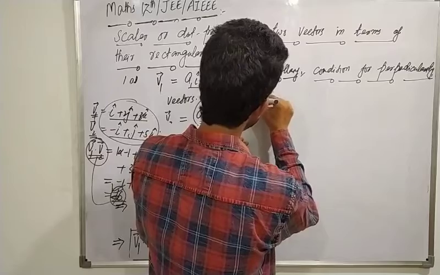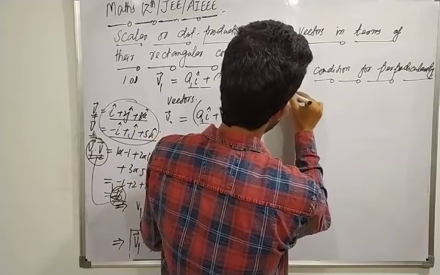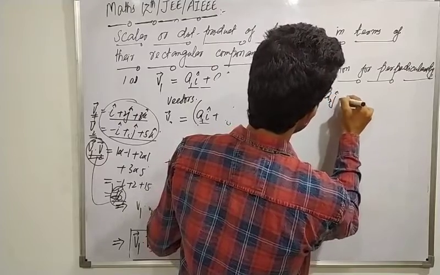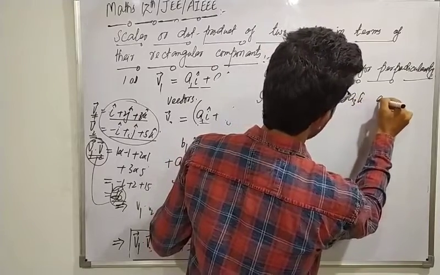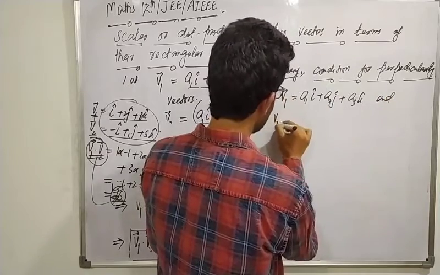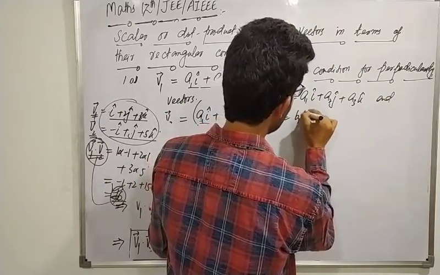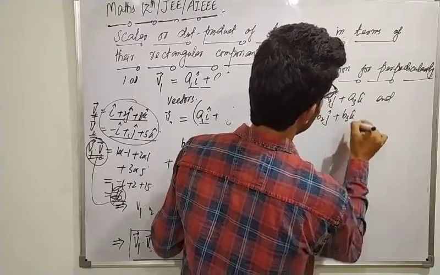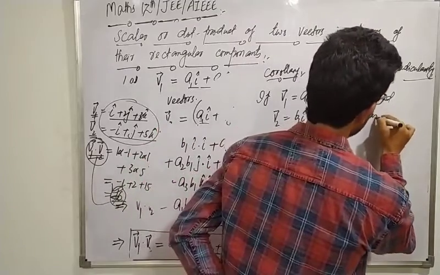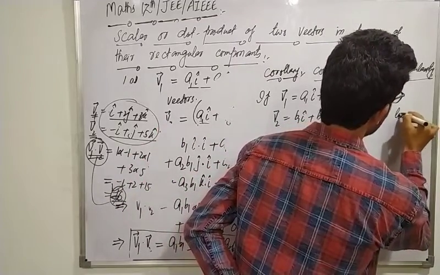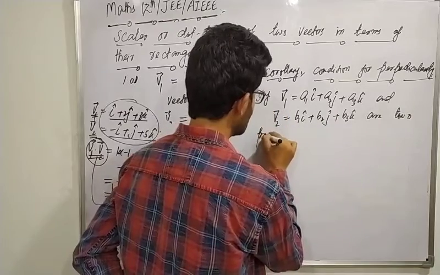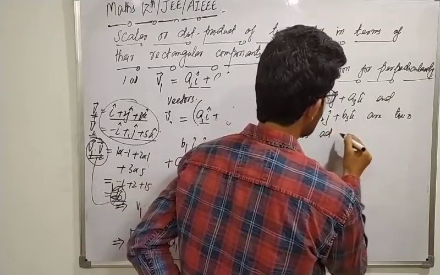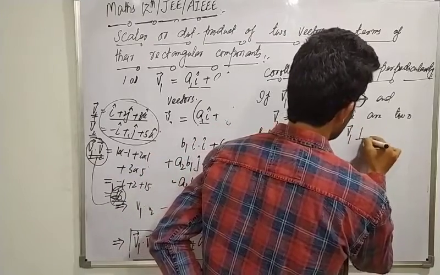So if vector v1 is equal to, suppose, a1i plus a2j plus a3k, and vector v2 is equal to, suppose, b1i plus b2j plus b3k are two proper vectors, and v1 is perpendicular to v2.